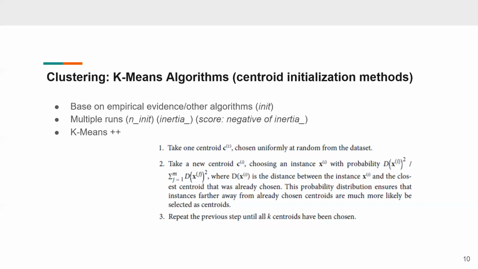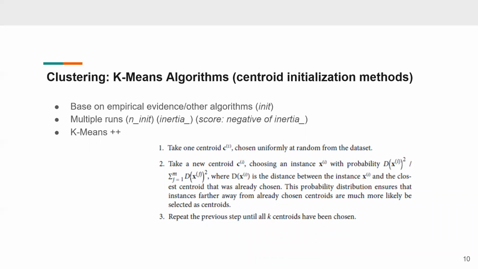Second way, you can run k-means multiple times, and then based on the initial runs, you can make a decision on which random run is the one that you want to pick. That's the second one. The third one is something called k-means plus plus. So let's see how this works.